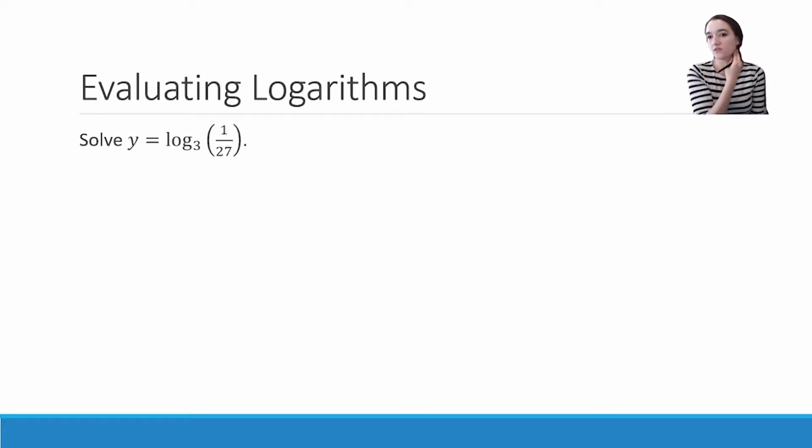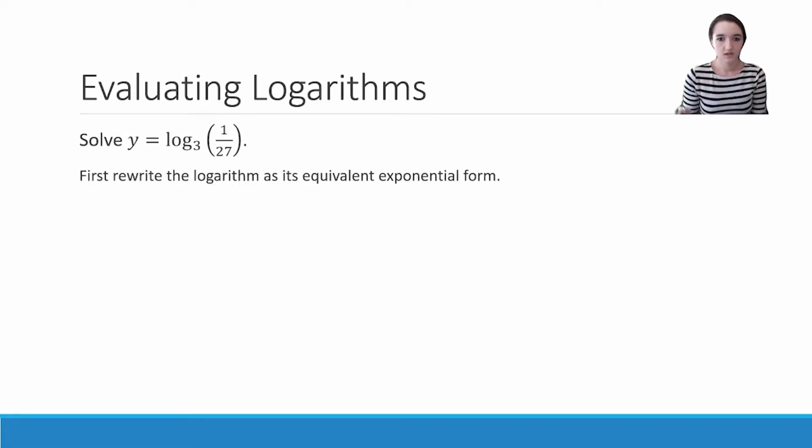But what about when we have a logarithm where we don't necessarily know the output of it? How can we work with that? Again, as I said before, it can be a little bit hard to read log base 3 of 1/27 and just figure out what that means. Written that way, I don't necessarily know how to evaluate it. But I would know how to evaluate it in its exponential form.